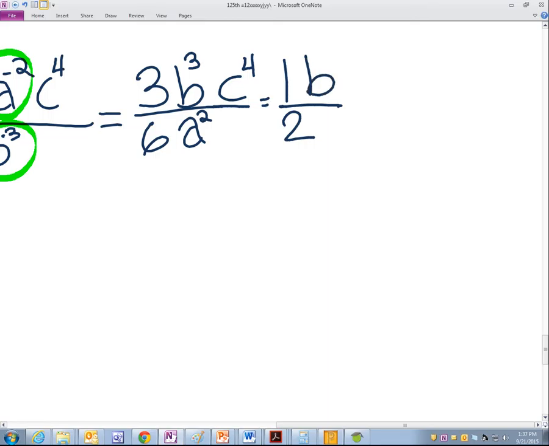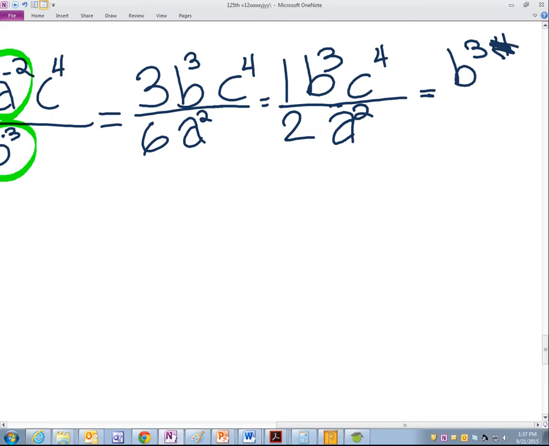So now we have b cubed, c to the 4th, over 2a squared. Do you need to have that 1 in there? No. Do you introduce yourself as, hi, I'm one Mr. Smith? No, it's assumed that you're only one person unless you're Agent Smith from the Matrix trilogy. So that's why it's c to the 4th.